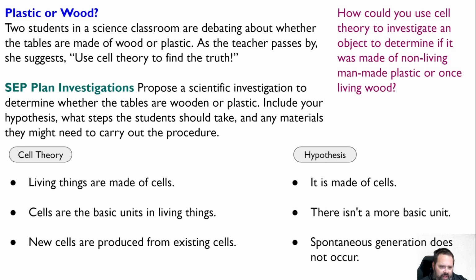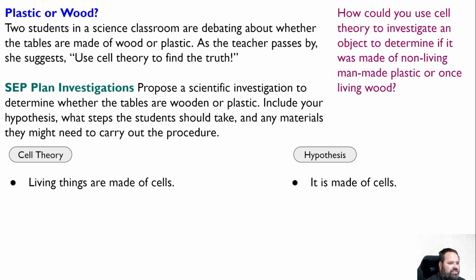And then the third is, does it spontaneously generate? So those are the kind of questions we could ask to address cell theory. But if we're using cell theory for this specific question, we'd probably want to focus on whether it's made of living cells. Does it have cells or not?